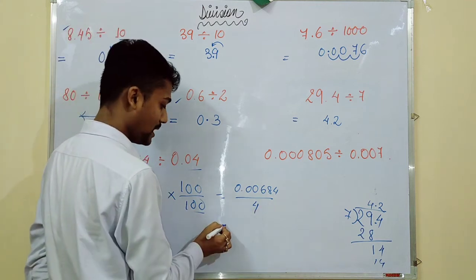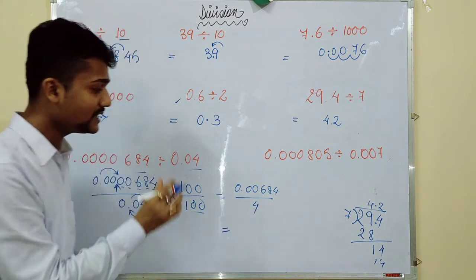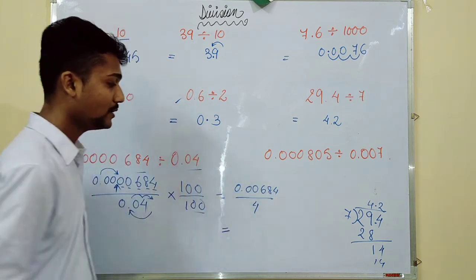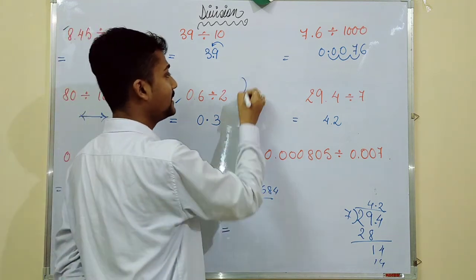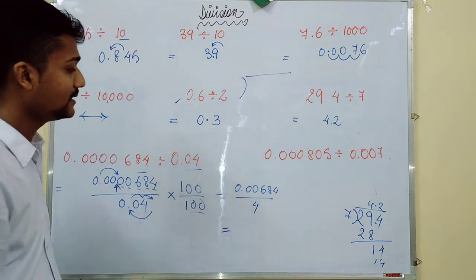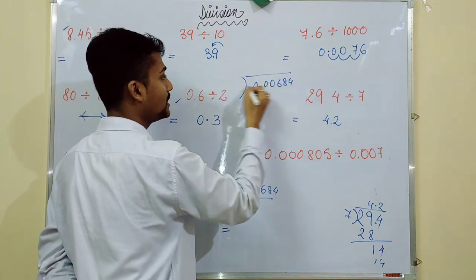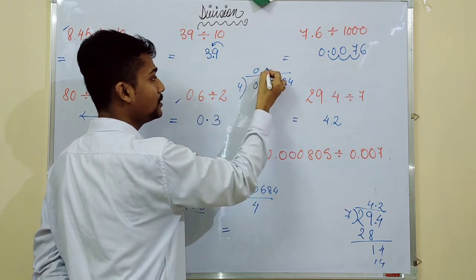Divided by 4. Now what you can do is just see the number 684. Okay, now place the number somewhere here, anywhere. I have space here, so I have kept it here. 0.00684 divided by 4. So it will be 0.00.